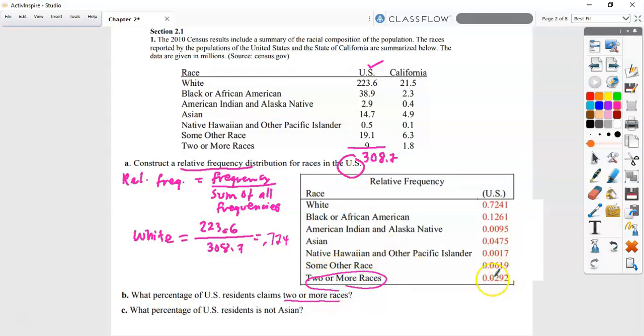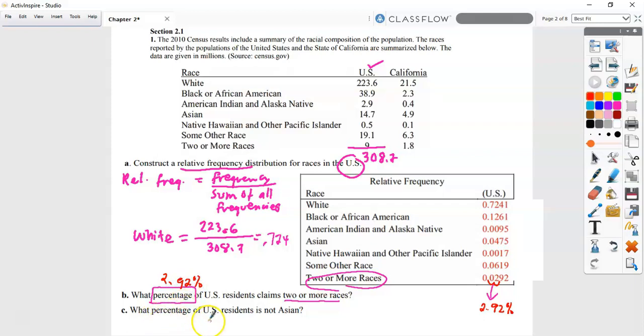And since this is all in decimal form, for us to be able to change the decimal form into percentage, keep in mind you're just going to need to move your decimal point twice to the right. So if this is your decimal point, just move it 2 times to the right, and you should have 2.92%. So that's for our letter B. So we have 2.92%.